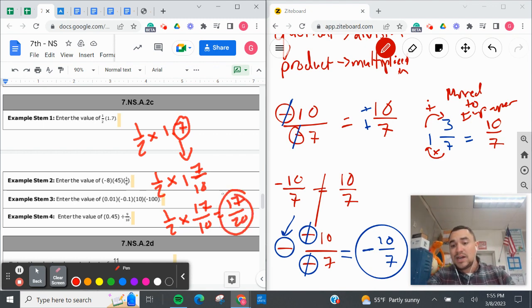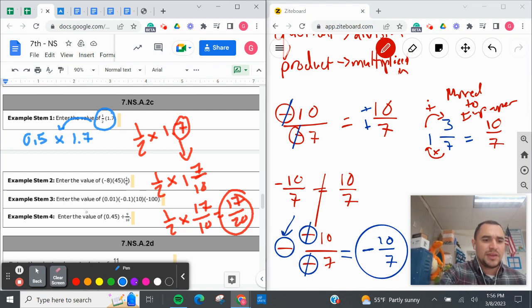You would want to reduce that down. Actually, 17 is a prime number, so you can't. So 17/20 is the simplified fraction. But let's see what happens if you made it a decimal. Then it would be 0.5 times 1.7. So all I'm going to do is put that together. 7 times 5 is 35, carry the 3. 5 and 1 is 5, 6, 7, 8.